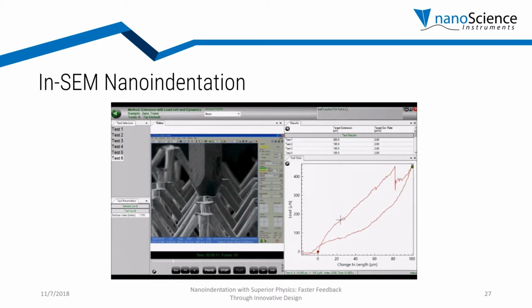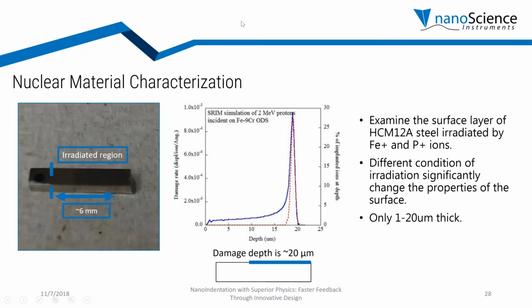Now, let's move on to nuclear materials. We talked in the earlier slides that nano indentation is a fast technique. You can perform hundreds of indents in a matter of minutes. So why do you need to perform hundreds of indents? Nuclear material is an excellent example of that. While you're characterizing this material to develop something for a nuclear power plant, you need to be absolutely sure.